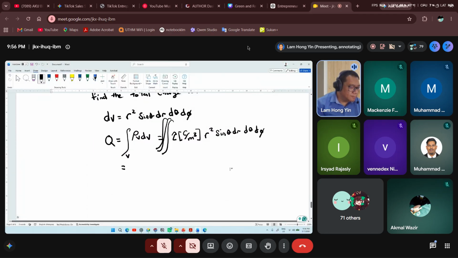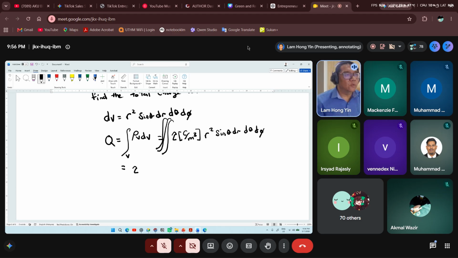Okay, so let's move on. When I want to integrate, I don't integrate the non-related parts. So I take out the 2, which is the constant, because it won't change anything.